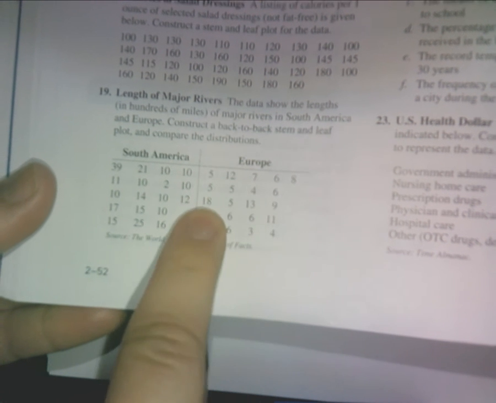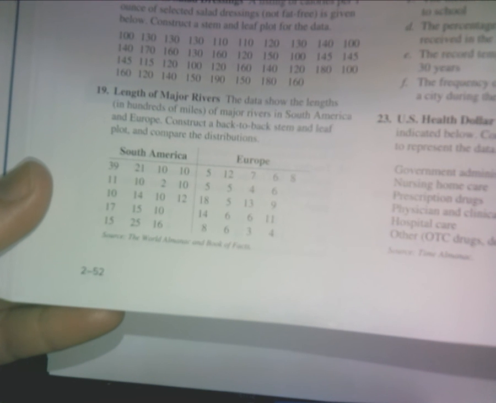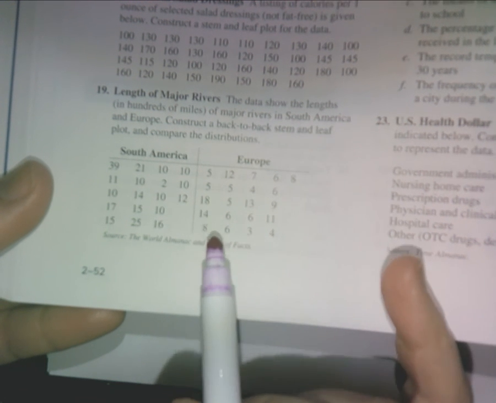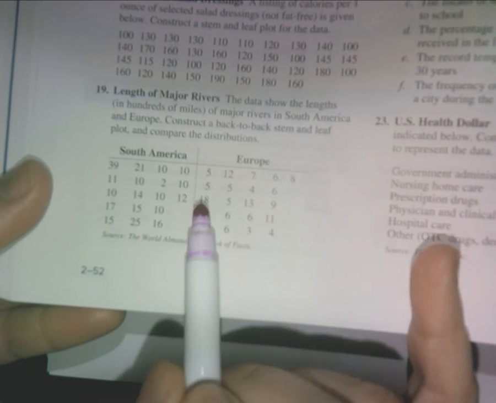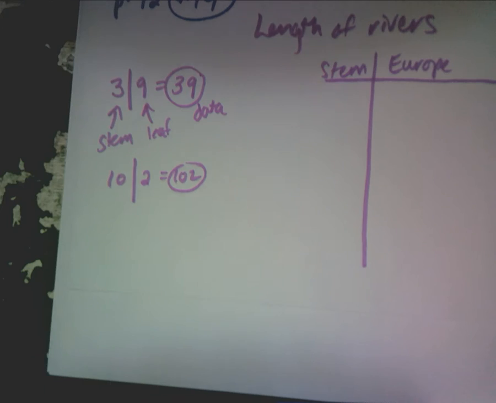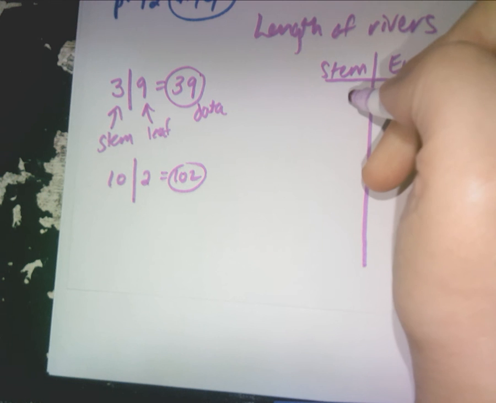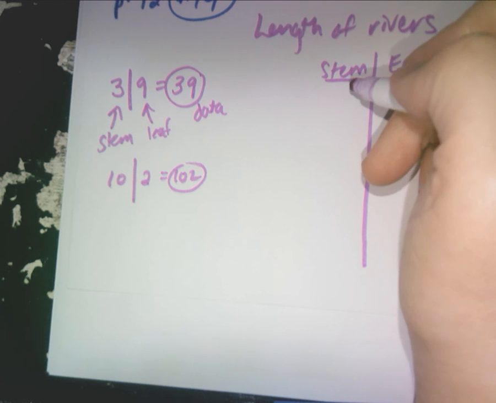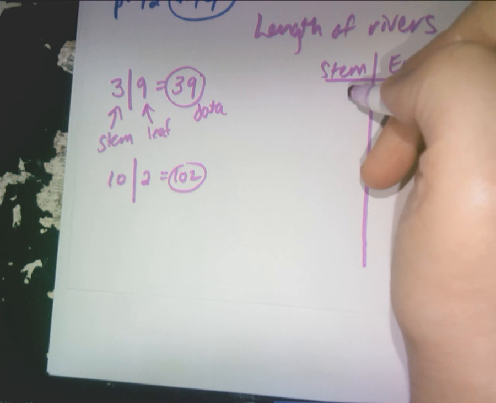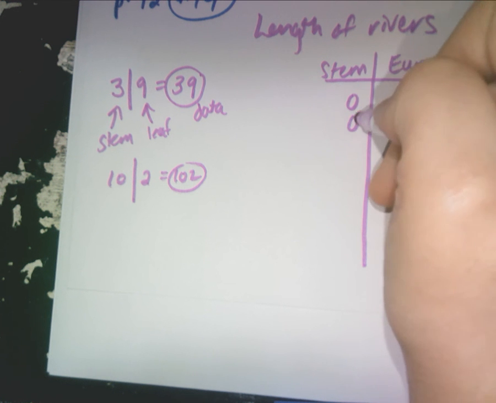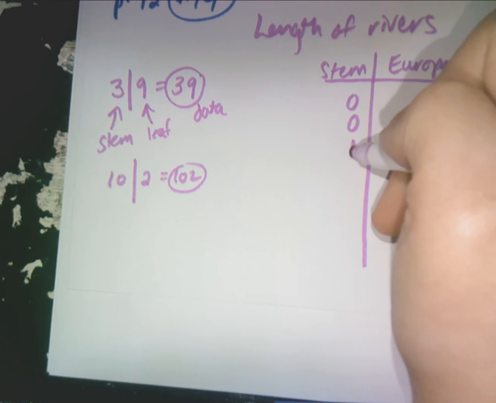Would you agree? 18 could be written as 1, 8 for the leaf. If I had a 22, I'd write 2 as my stem, 2 as my leaf. So it looks like I only have to have 0 as a stem and 1 as a stem. So that's what I'm going to do. And here's another thing. I have a lot of single digits, so I'm actually going to create two 0s and two 1s.